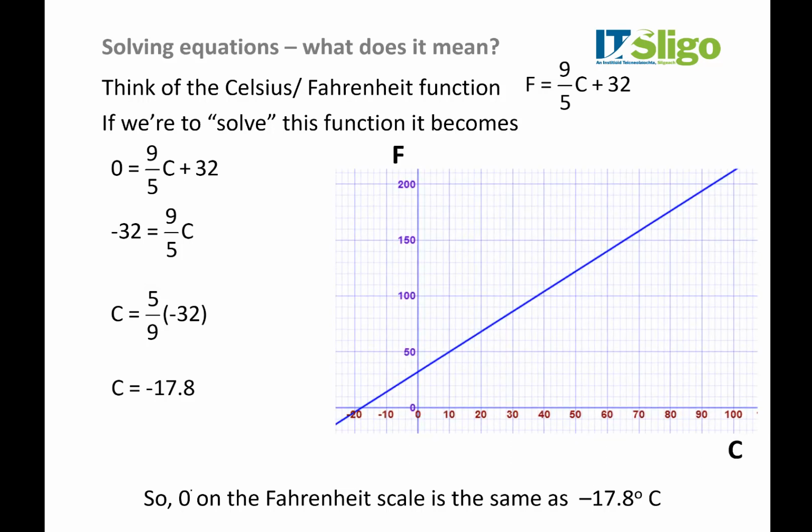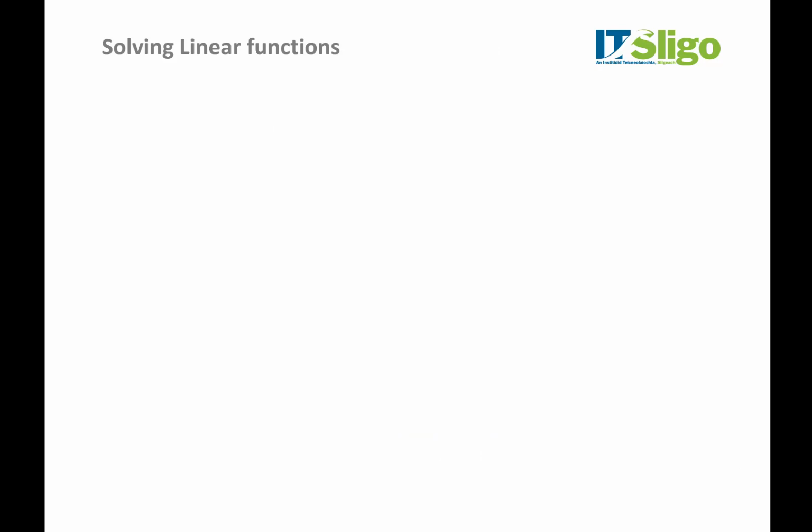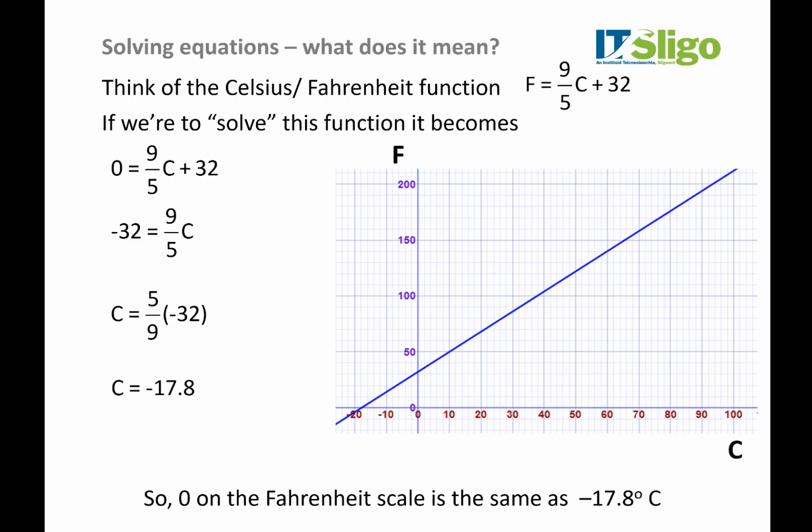And this is just a graph. So this is what we're looking for. Where does the line cut the x-axis? And it cuts it here. And again, guys, you can see even if we had spent ages drawing this graph, it would be quite hard to determine from it that it's exactly minus 17.8 Celsius there.